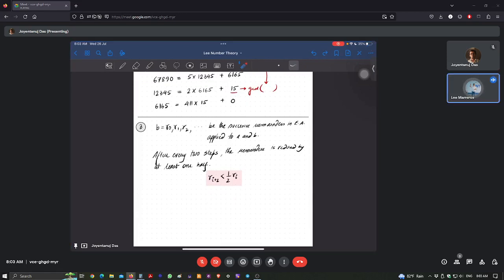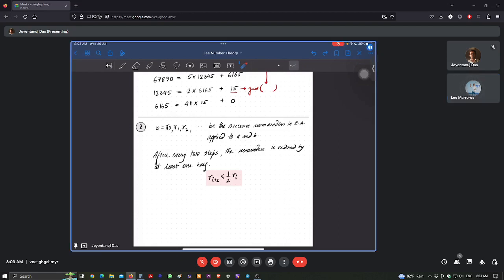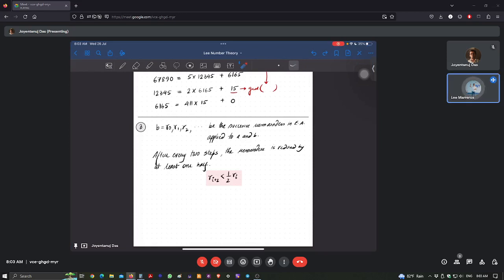Maybe we find an equation where we have Ri and Ri plus 2. Then maybe we can compare them or add something to each side. I'm not sure.